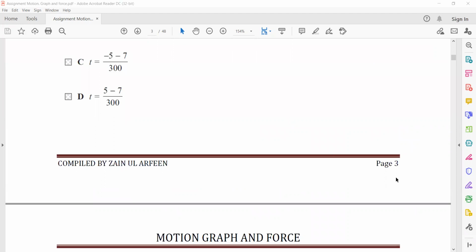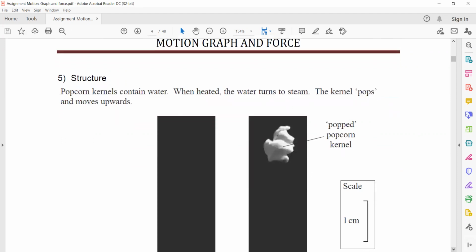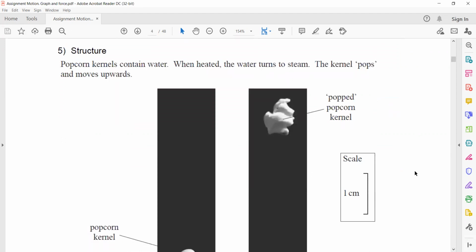Because the value of the speed was decreasing, it is deceleration, and deceleration is represented by a negative value.